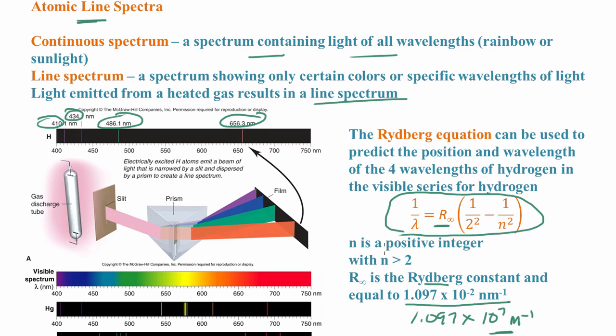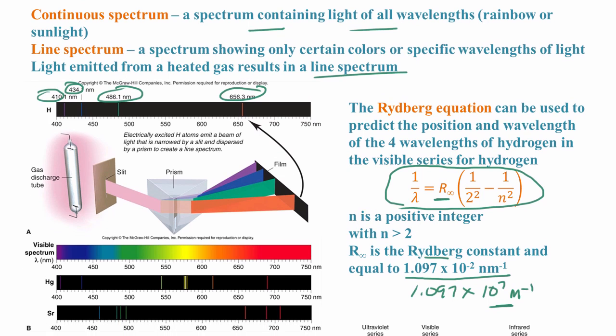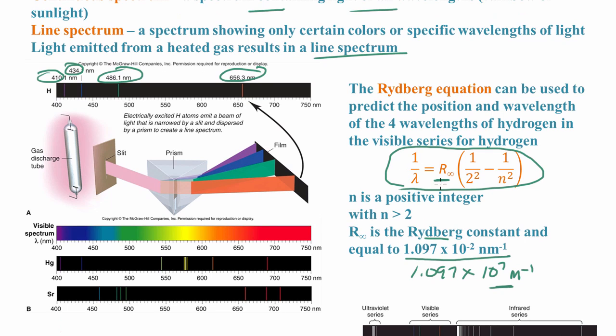Now, n is a positive integer, and it has to be greater than 2. And what we can do is, from this formula, we can determine the 4 wavelengths in the hydrogen spectrum that correspond to the visible region.